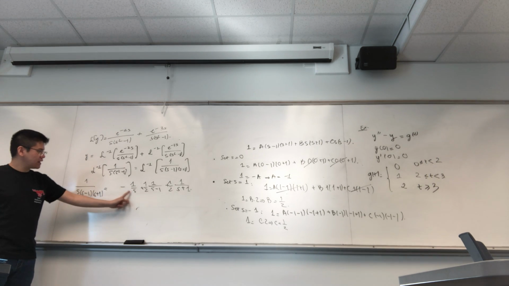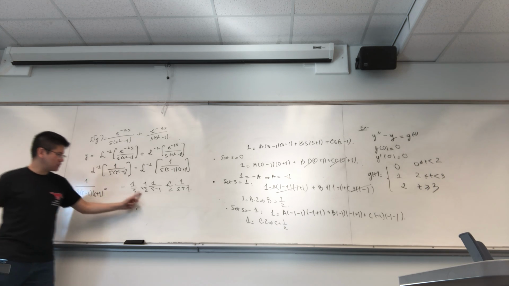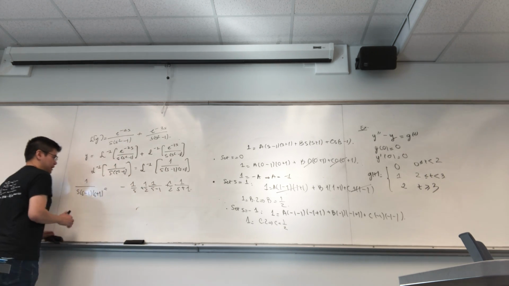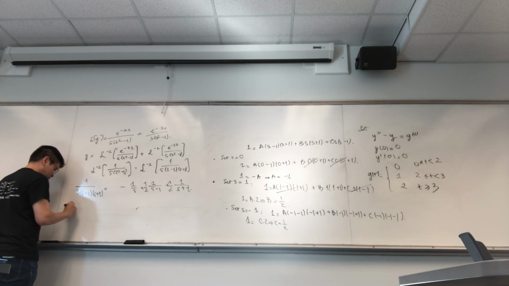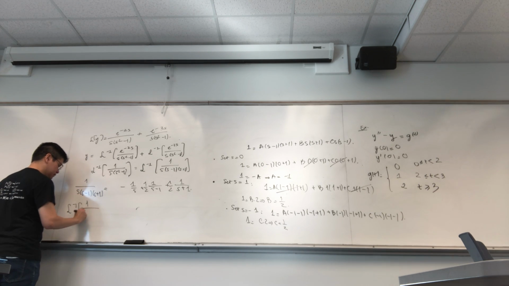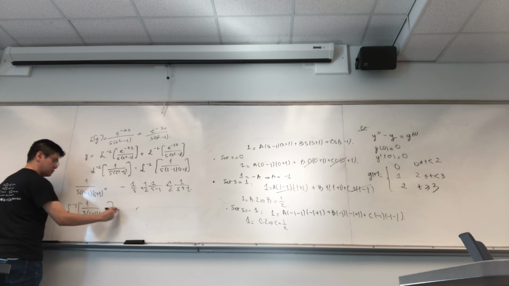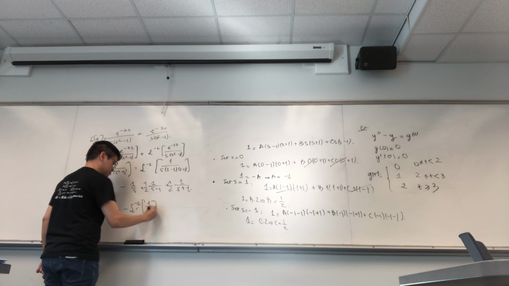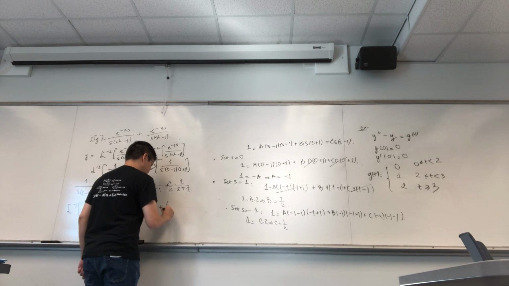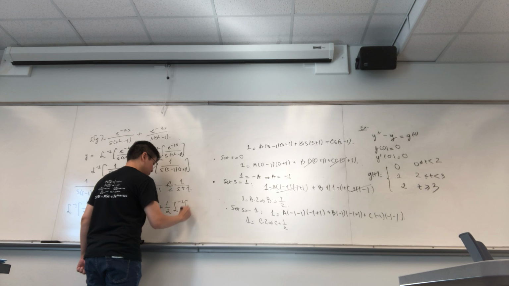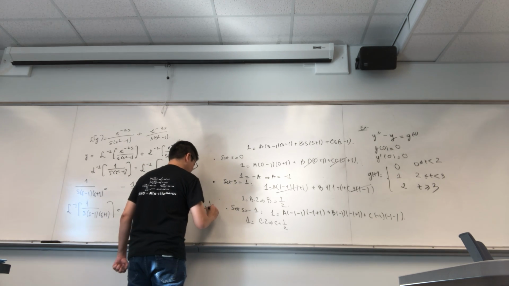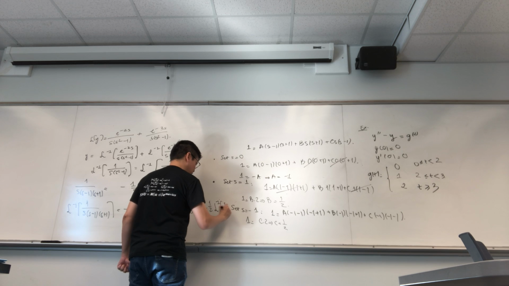I can write this as minus 1 over s plus 1 half over s minus 1 plus 1 half over s plus 1. So now the inverse Laplace transform will be minus the inverse Laplace transform of 1 over s, plus 1 half the inverse Laplace transform of 1 over s minus 1, plus 1 half the inverse Laplace transform of 1 over s plus 1.